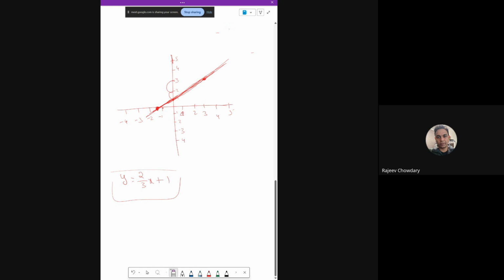Now let's do another exercise. I want to take someone else's help. So y is equal to 3 over 2x minus 2. Arthur, can you help me here?